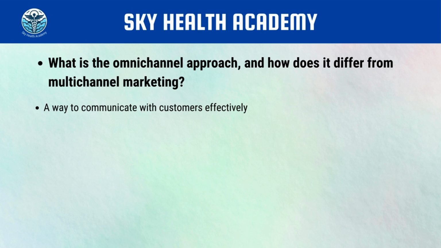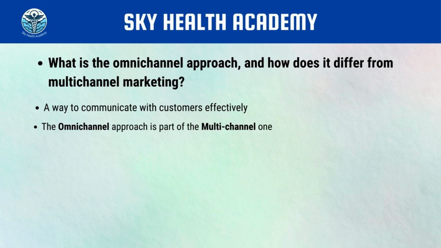How is it different from multi-channel marketing or the multi-channel approach? For me, I consider the omnichannel approach as a part of the multi-channel approach, because in both approaches, you use multiple channels.